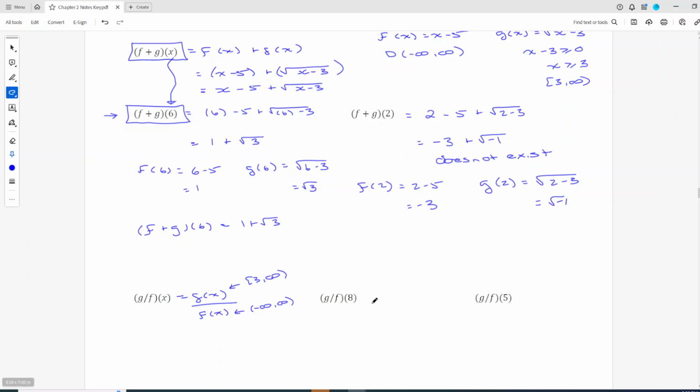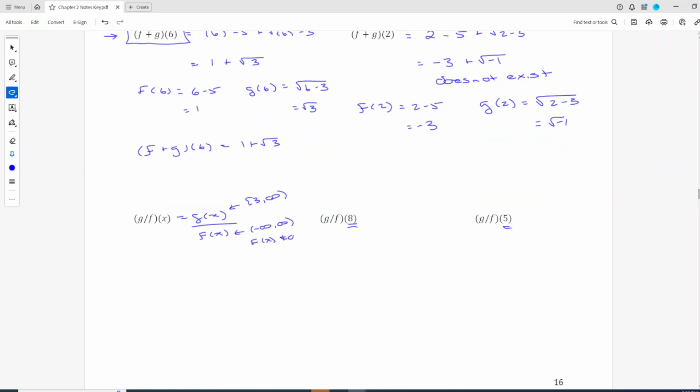So if we think about these two numbers that they want us to put in, 8 and 5, would we do it? Well, sure, except that as soon as we put a function into the denominator, we know that it also cannot equal 0. So it's going to add a new restriction.